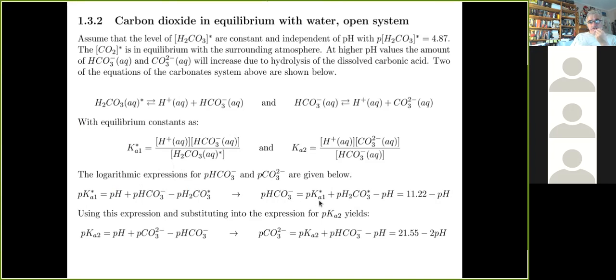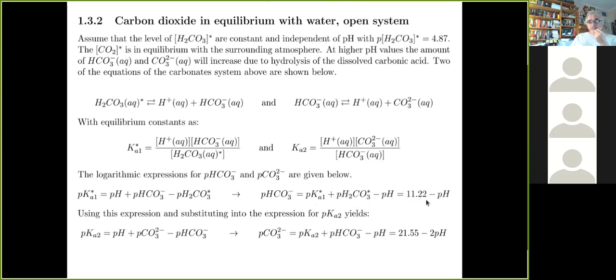The pHCO3 I use as a constant value of 4.87. This is just a constant, and pKa1 is a constant. The sum of these two constants is 11.22.